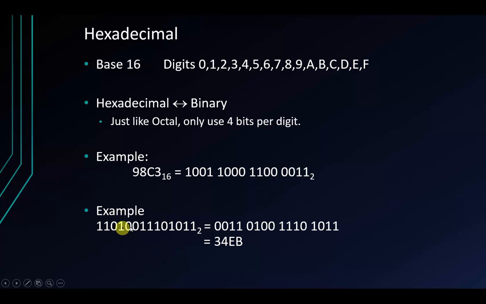And then converting from the binary to the hexadecimal, same thing, only in groups of 4. And then you convert. This is a decimal 3, or digit would be a 3, this would be a 4, this is an E, and that's a B.